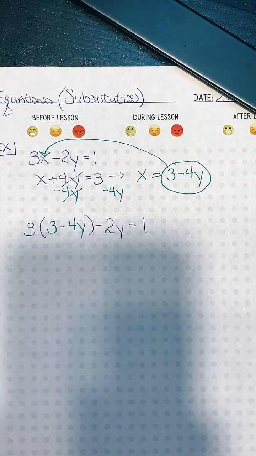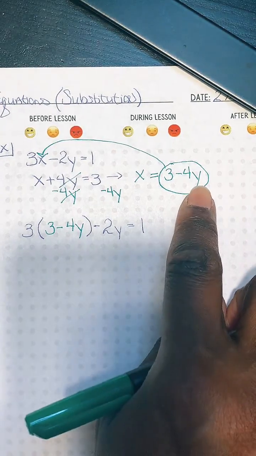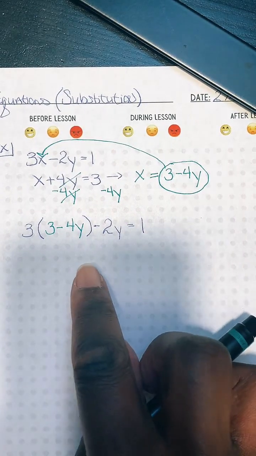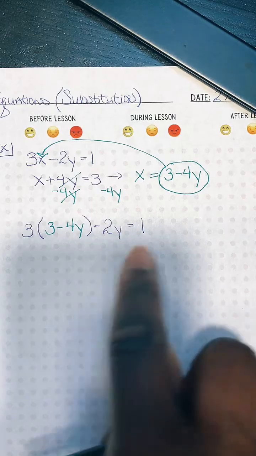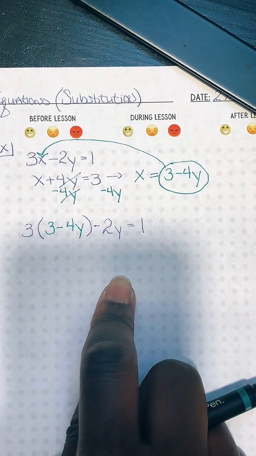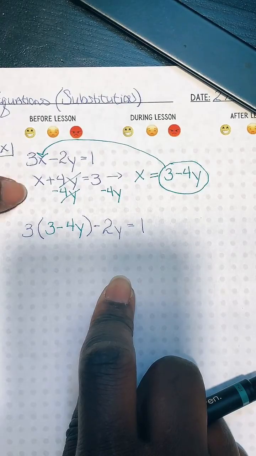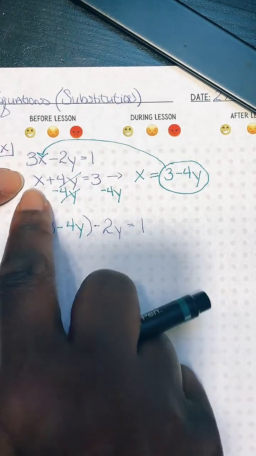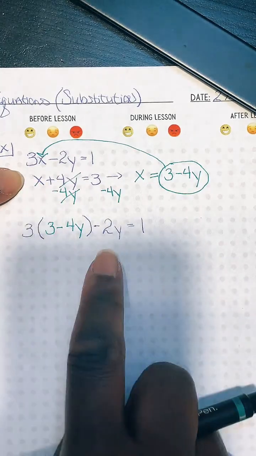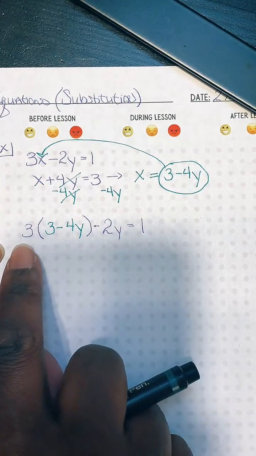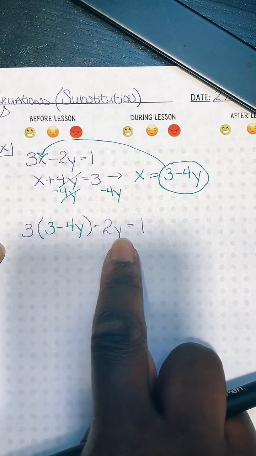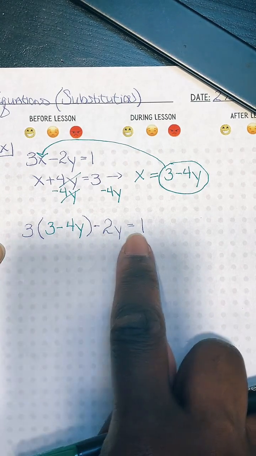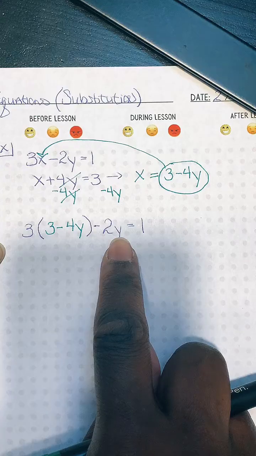The reason why we're doing this is we're trying to find the point of intersection. We're trying to find the x and y value that's going to be the cross section of these two equations. So we're doing the substitution to help solve for one of the variables. If you notice, the only variable that's being represented in this equation is y, right?